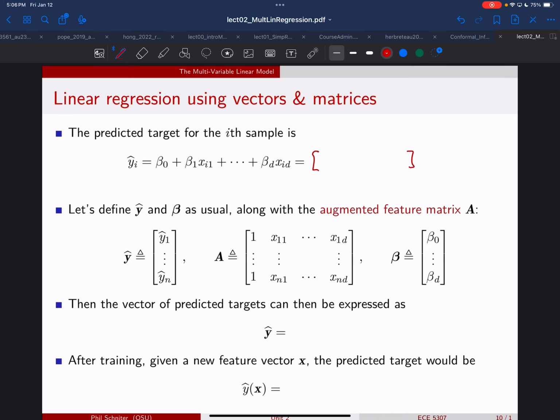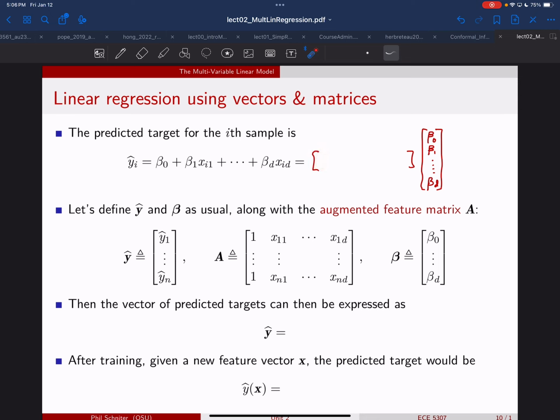Does anybody see how we can... we have a row vector times a column vector here. Perhaps I can put in the column vector my betas, beta 0, beta 1, dot, dot, dot, beta d. And what do I now need here to make this work? What's the first thing I need in that row vector?